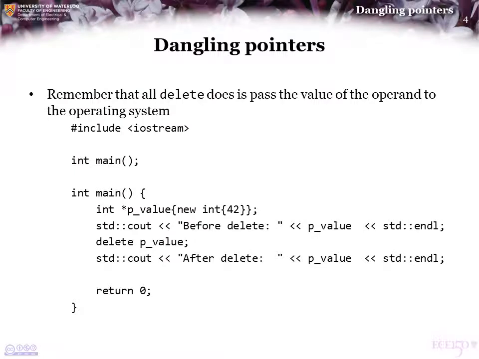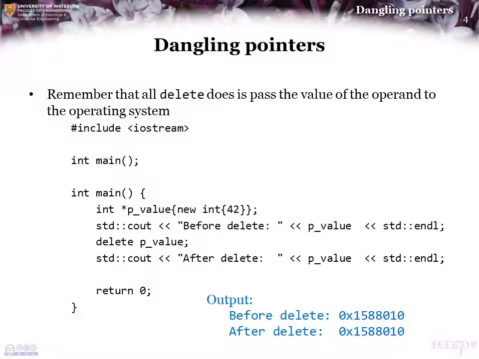It is important to remember that all delete does is pass the value of the operand to the operating system to let it know that memory is no longer required. If we run this code, notice that both before and after the delete statement, the local variable p_value maintains the same address assigned to it, that same address that was returned by new.